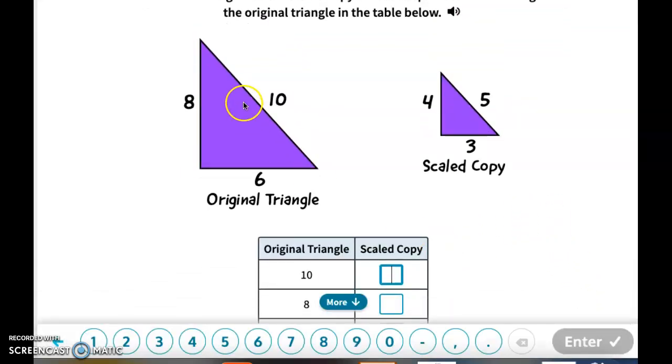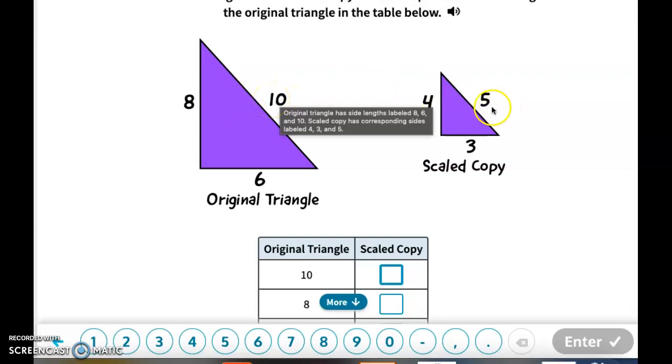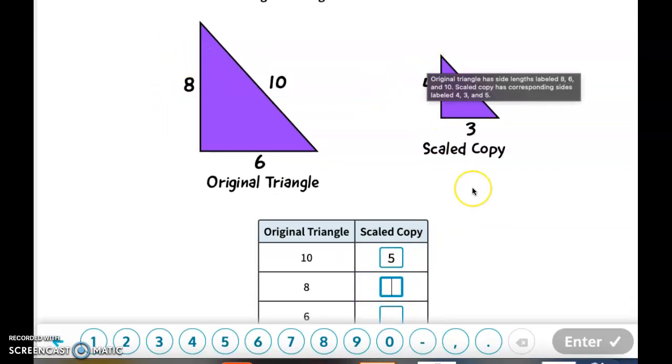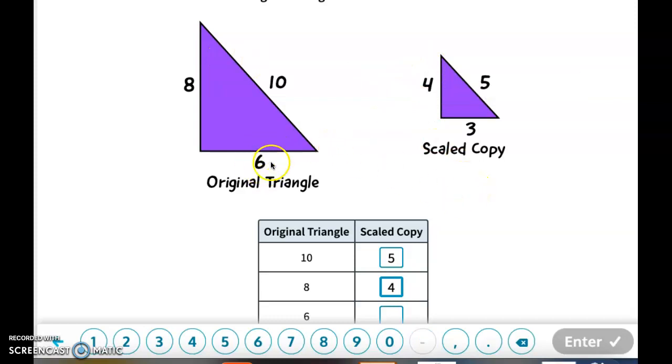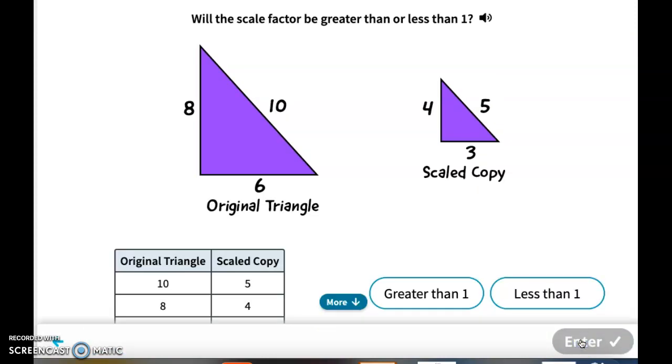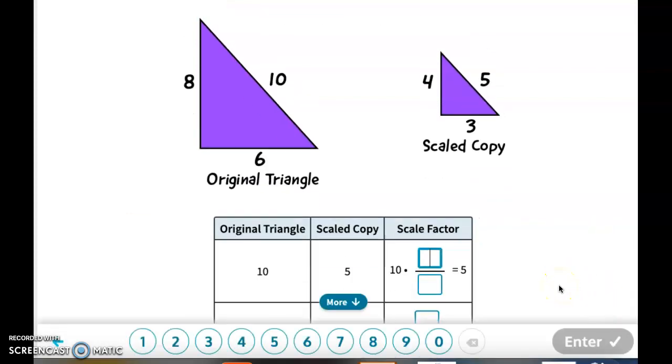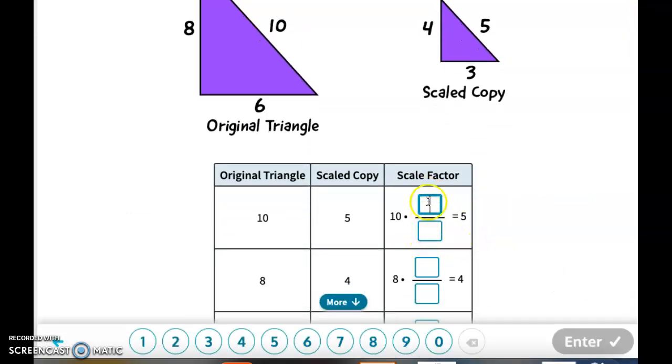All right. So the scaled copy goes from 10 to 5. Ooh, looks like we're getting smaller this time. From 8 to 4. From 6 to 3. So this time, since we're getting smaller, it's going to be less than 1. So you can see they've got our fraction nice and set up for us.